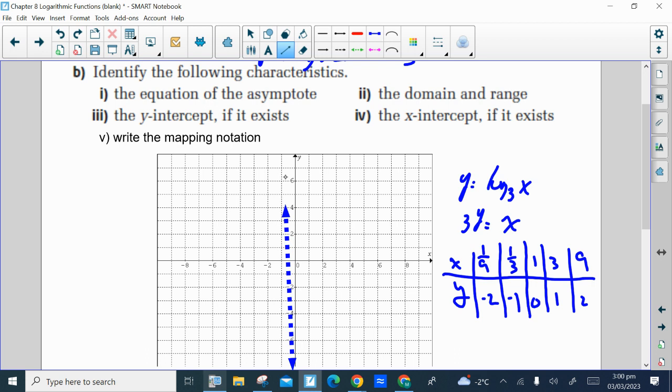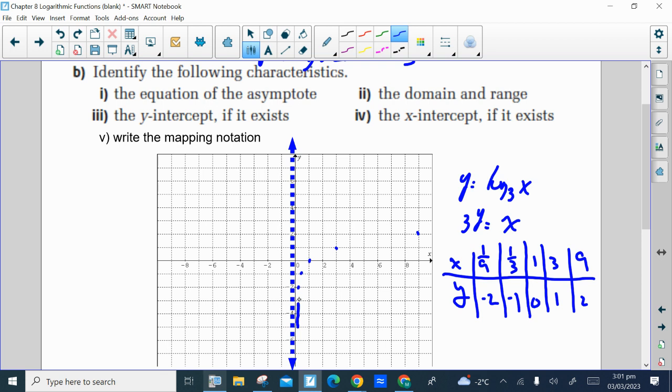The base graph has a vertical asymptote at x equals 0, the y-axis, and then it goes through these points. So there's our base graph.